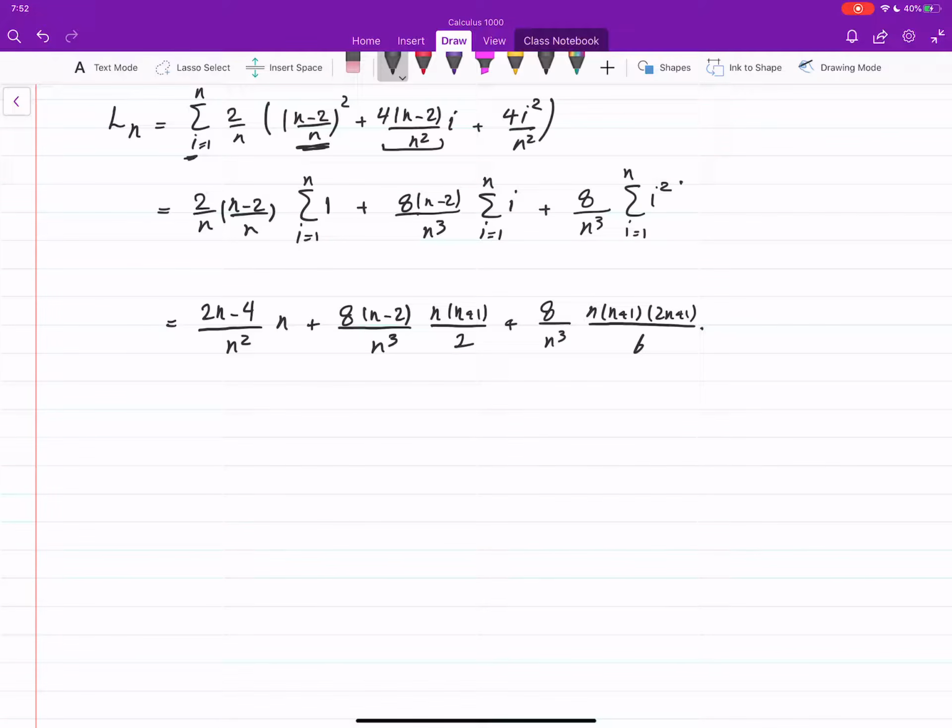We can simplify a little bit, like 2n minus 4 over n plus, here I can cancel some of these and you get 8 n minus 2 over n cubed times n plus 1, and actually we can simplify this one also, 4 over n squared plus 4 over 3 times n plus 1 times 2n plus 1 over n cubed.